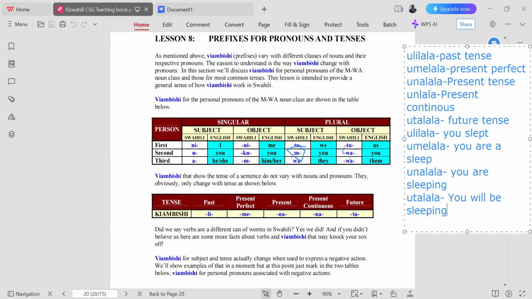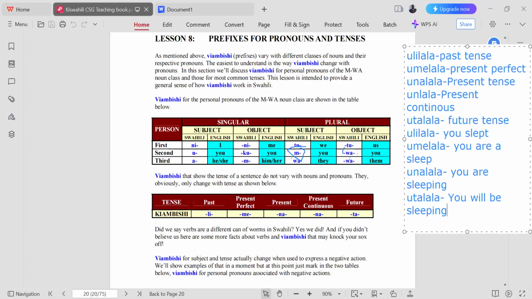Now, let's get into this. As you have agreed, ulilala is the past tense. Now umelala is present perfect, which means you are asleep. In this context, you are not awake. Are we together? It's like you've started sleeping. You haven't gone deep into the sleep, but you started sleeping.